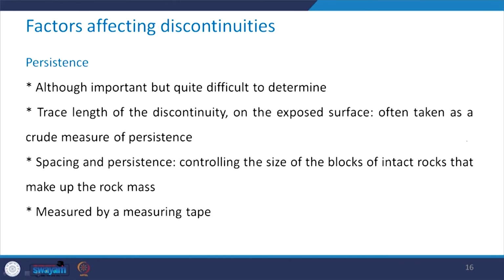How to measure this persistence in the field is with the help of a measuring tape. So basically, whatever is visible, that is the trace length of the discontinuity which is visible on the exposed surface, as a crude measure can be taken as the persistence. Based upon the value of this persistence or the trace length, one can describe the joints or discontinuities with respect to persistence.